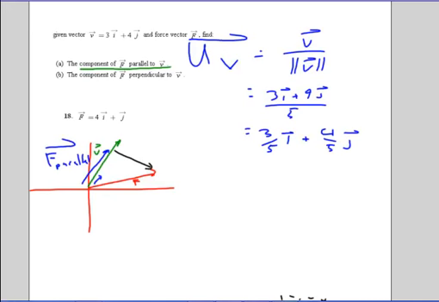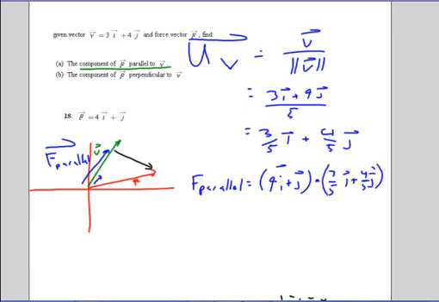So f parallel will equal 4i plus j dot 3/5 i plus 4/5 j, multiplied by 3/5 i plus 4/5 j.